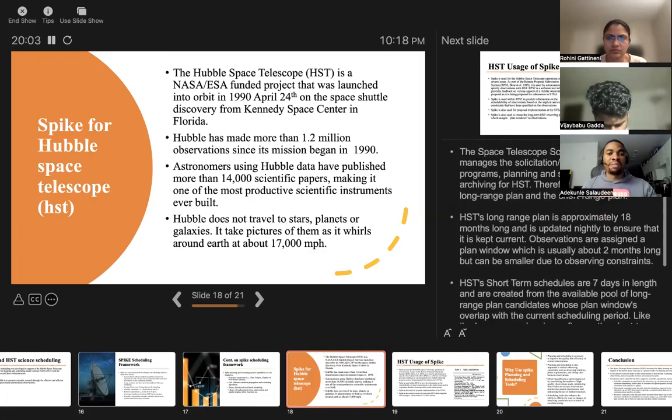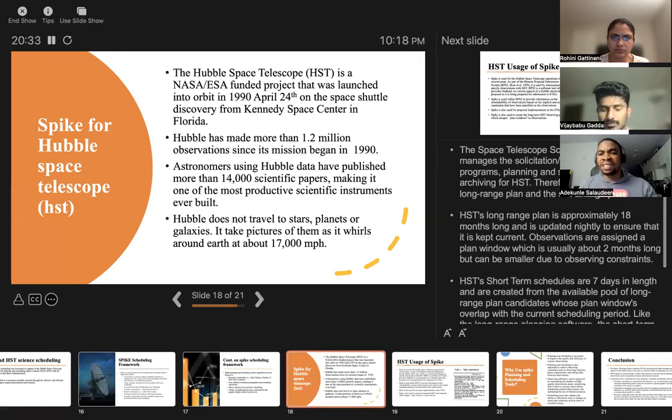Hubble has made more than 1.2 million observations since its mission began in 1990, and astronomers using Hubble data have published more than 14,000 scientific papers, making it one of the most productive scientific instruments ever built. Hubble does not travel to stars, planets, or galaxies. It only takes pictures of them as it wheels around Earth at about 17,000 miles per hour.